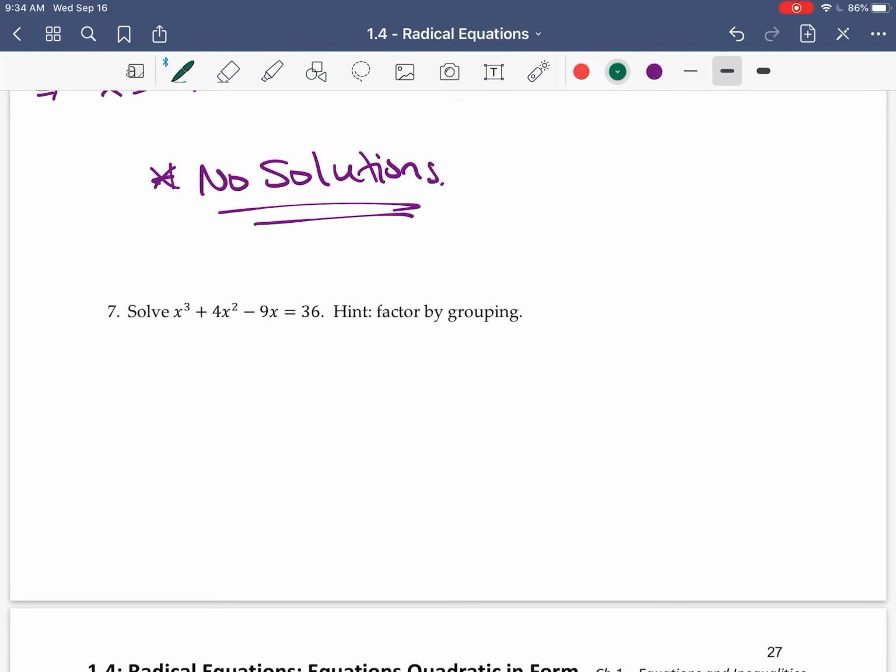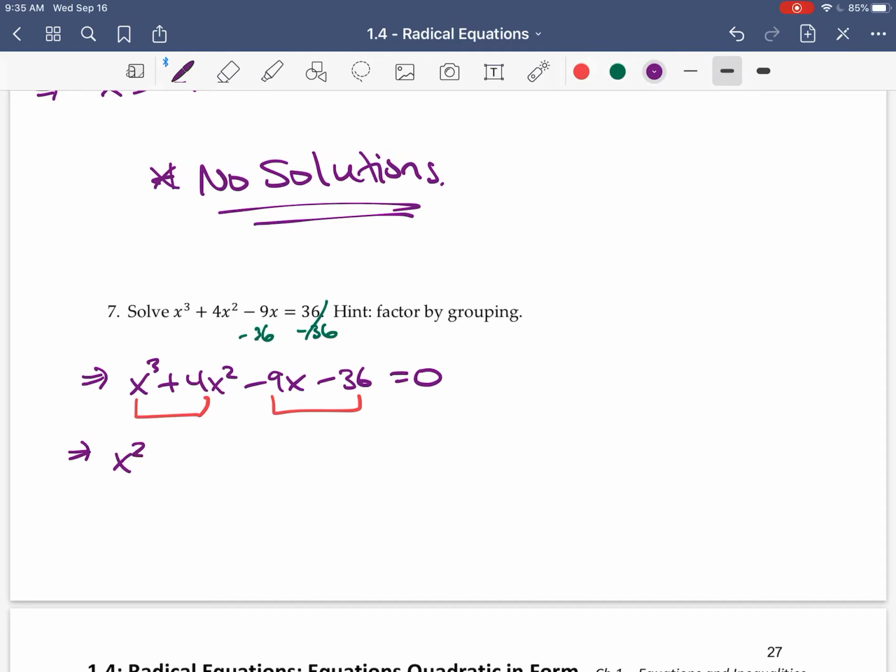Okay, let's try this one. I'm going to start by moving the 36 over so that I have a 0, because the hint here says factor by grouping. So I'm going to try to group them into these groups. From the first two, I can take out x squared, and I'm left with x plus 4.